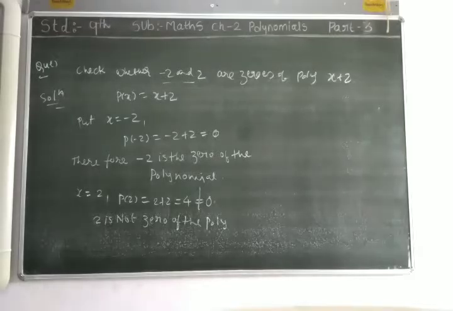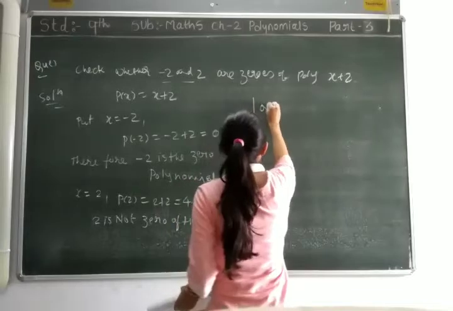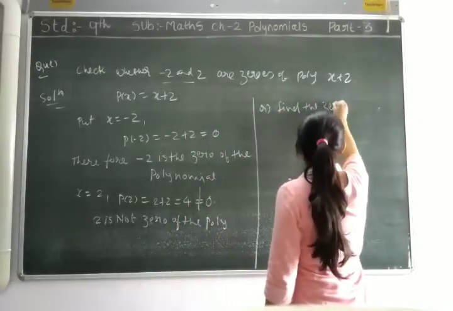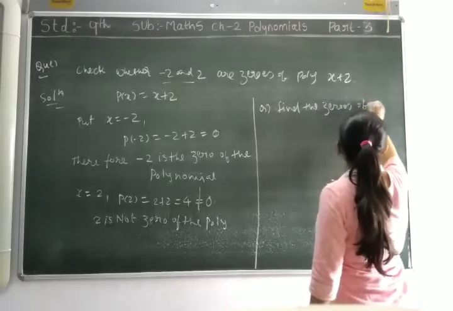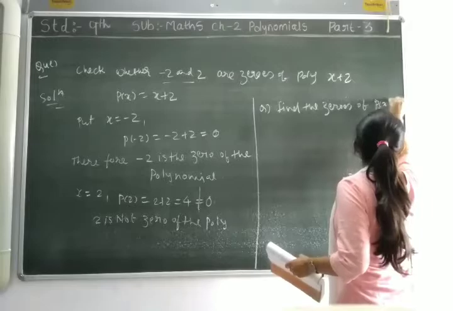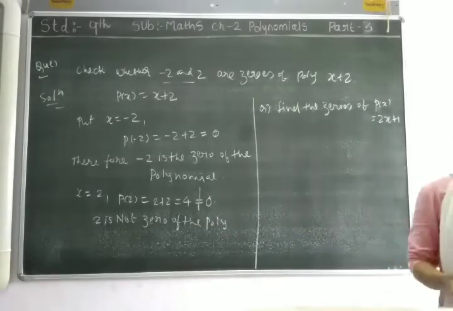Now find the zeros of the polynomial p of x equals 2x plus 1.